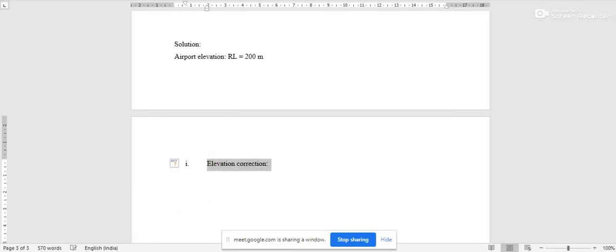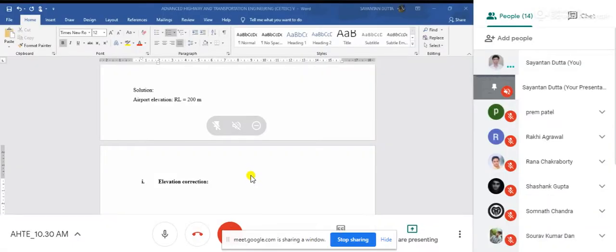Elevation correction you have to do at the first step. I am doing the solution, and if you cannot see the presentation or what I am writing, please inform me.